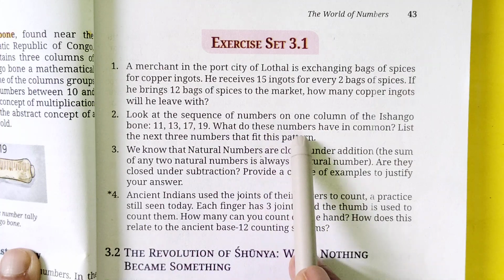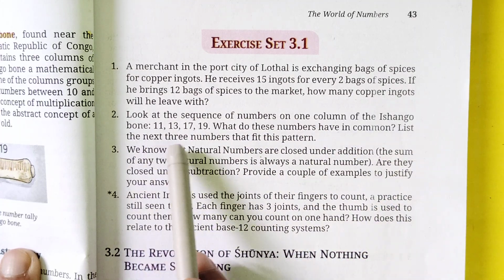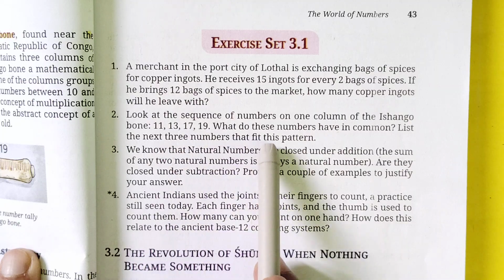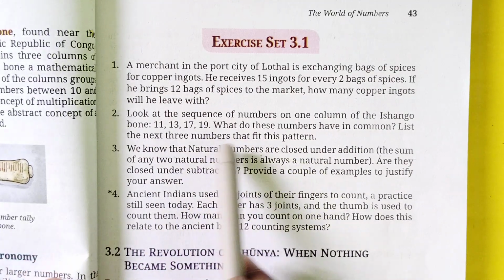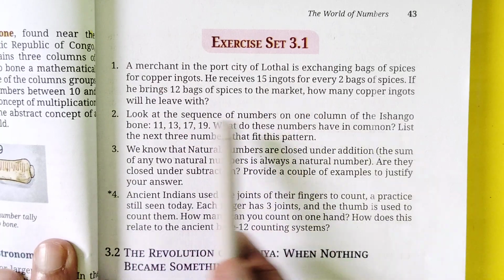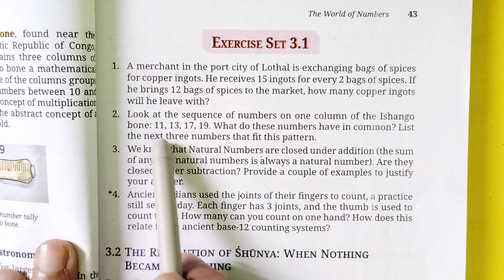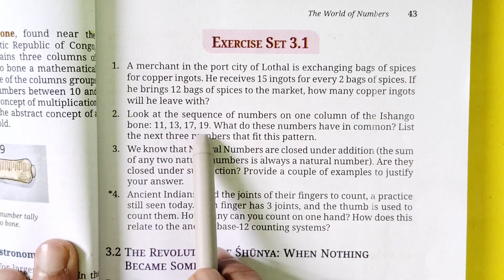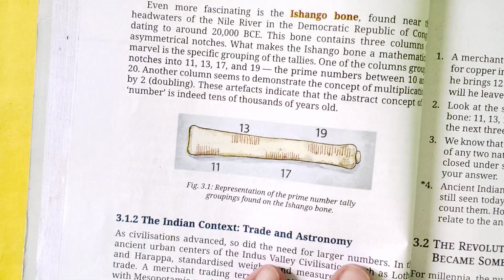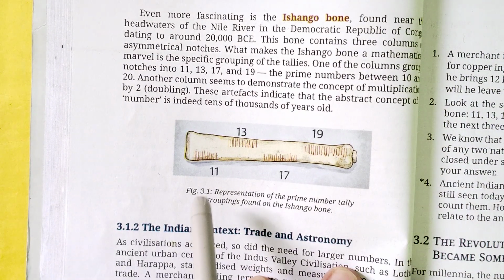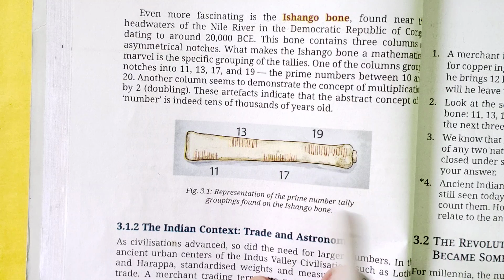What do these numbers have in common? List the next 3 numbers that fit this pattern. So on the bone they have marked these numbers 11, 13, 17, 19. You can see that bone also here. See, they are marked 11, 13, 17, 19.